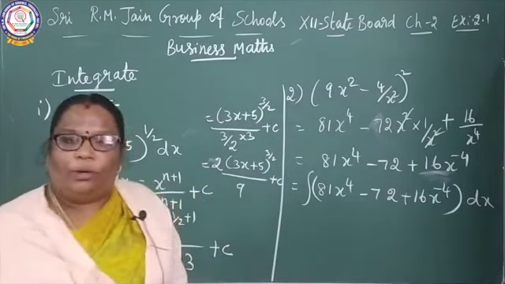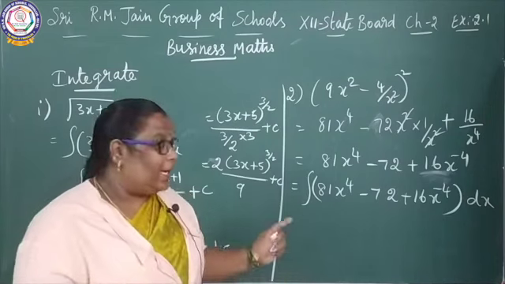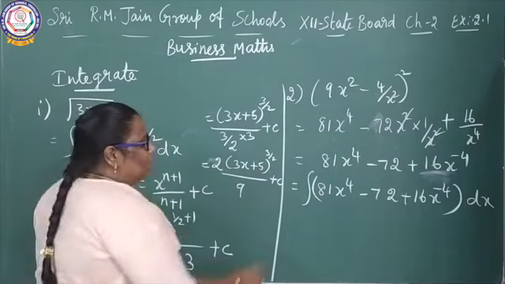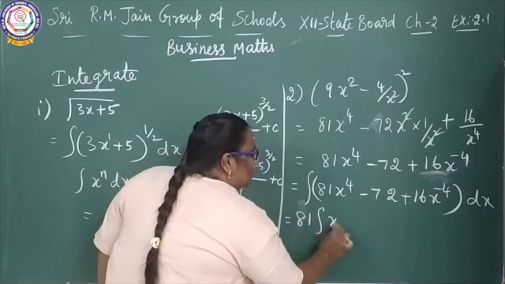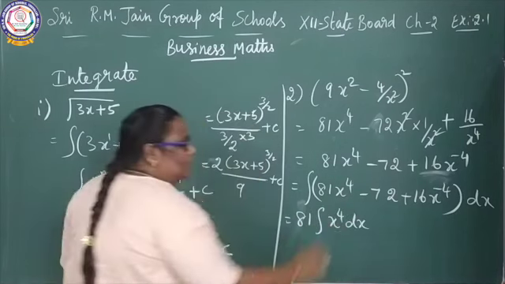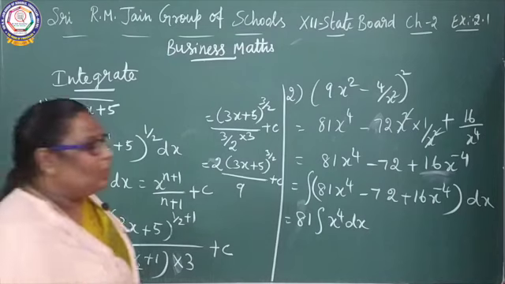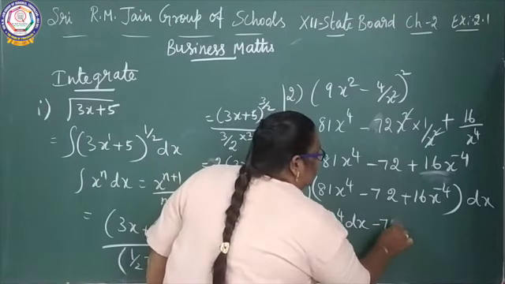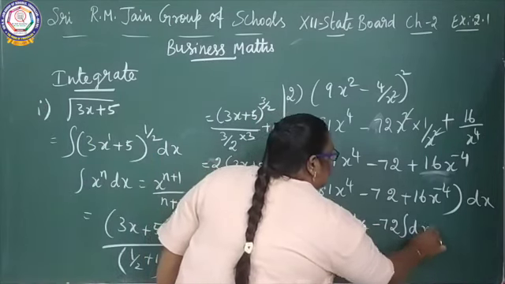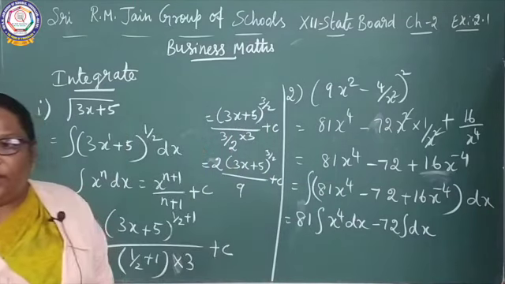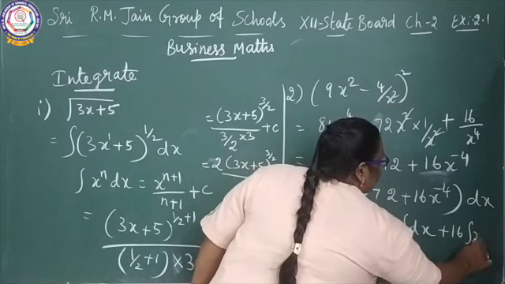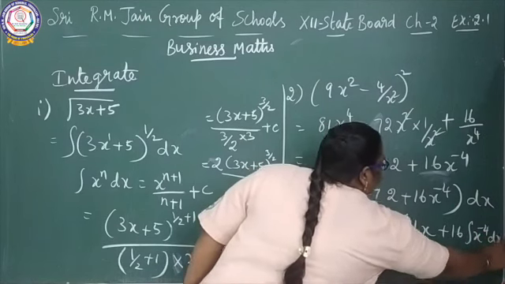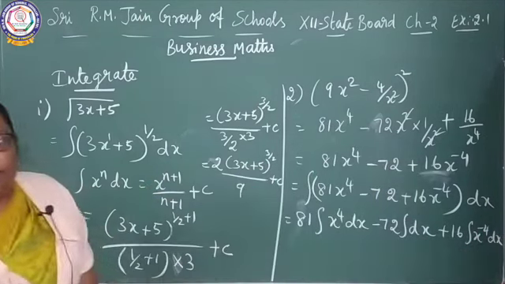If you know the formula, you can do it straight away, or you can take the terms separately. Constants you can take out: 81 into integral x power 4 dx, minus 72 into integral dx, plus 16 into integral x power minus 4 dx.